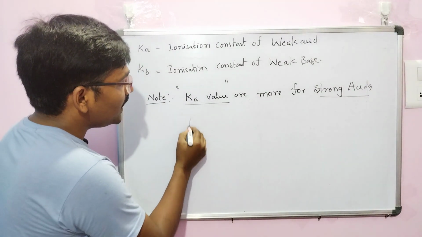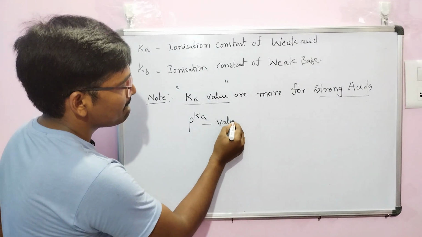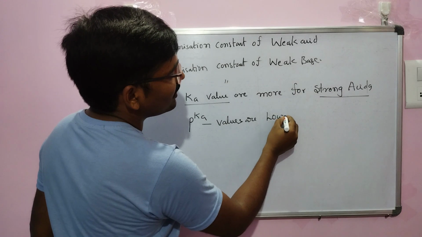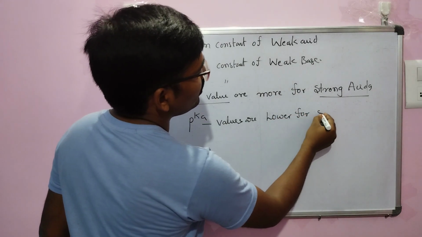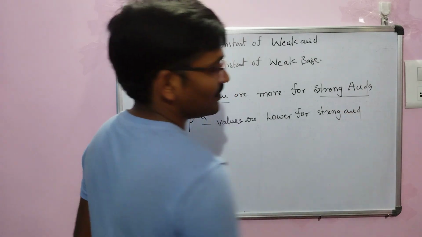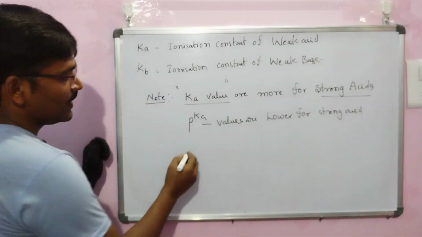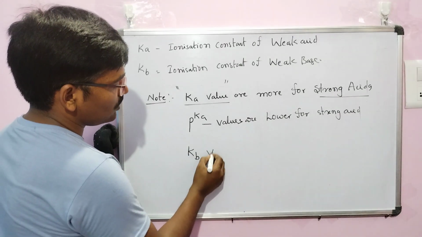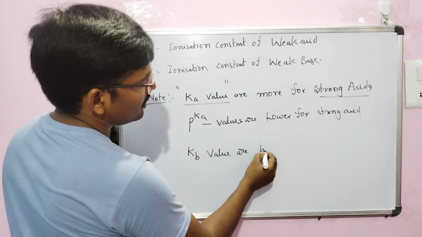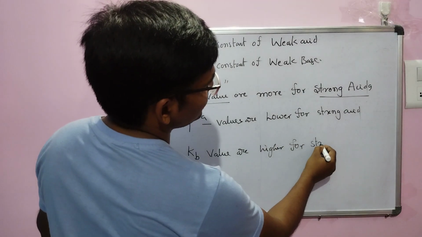In case of pKa values, pKa values are lower for strong acids. Similarly, Kb values are higher for strong bases.